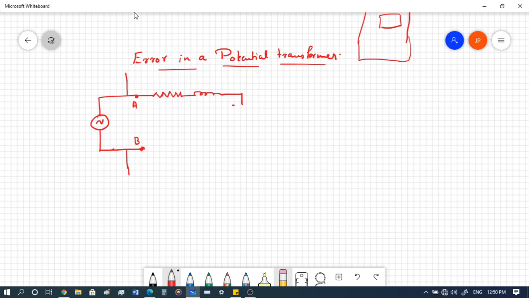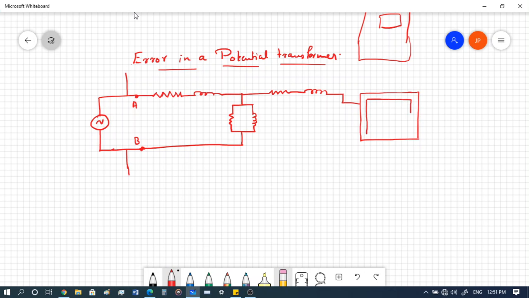These are the primary coil resistances, these are the core loss corresponding to the transformer, and the magnetization reactance corresponding to the transformer, and then you have the secondary side resistance, secondary side reactance, and then you have the ideal transformer. So this is our ideal transformer.